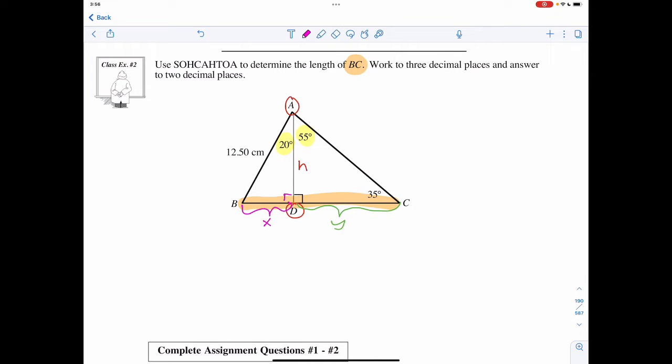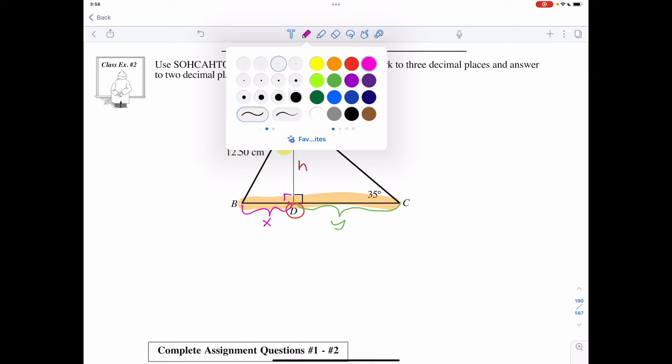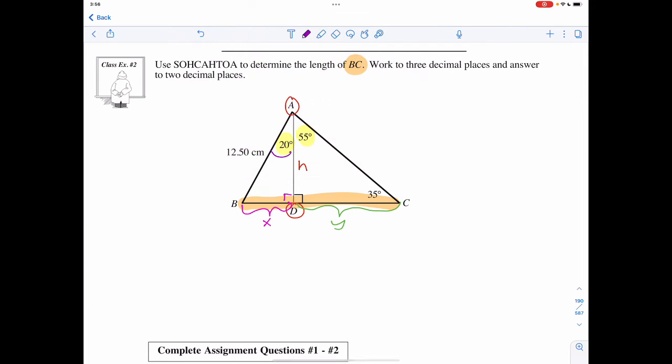So from one of the right angle triangles, I know the acute angle, I know the hypotenuse, and I'm trying to solve what the opposite side length is that I called x. Using the exact same principle we did in the last case, if it's opposite and hypotenuse, it's going to be sine.